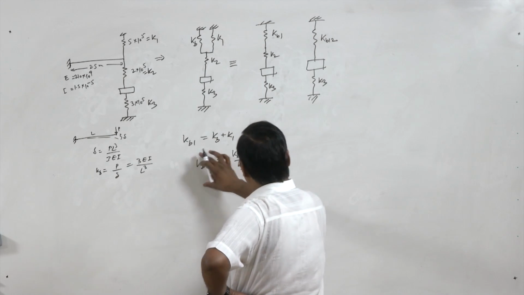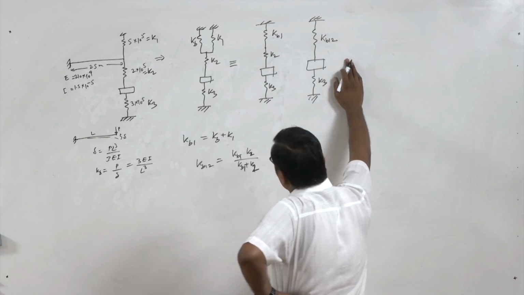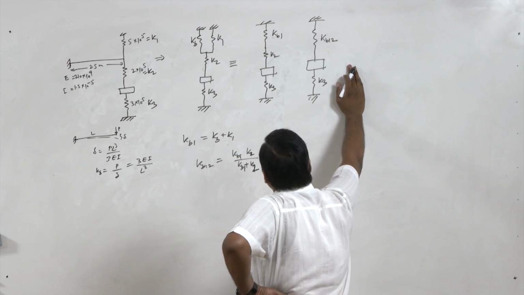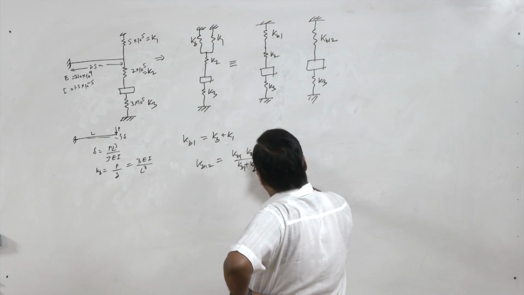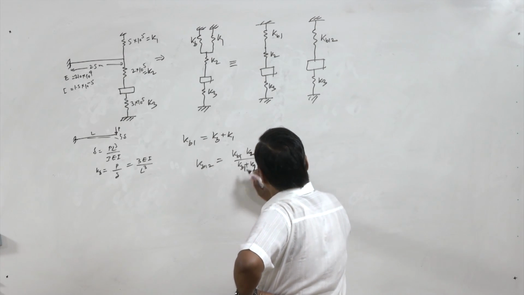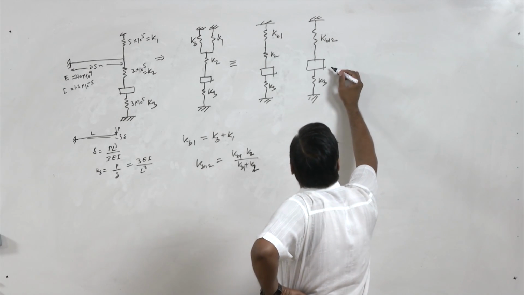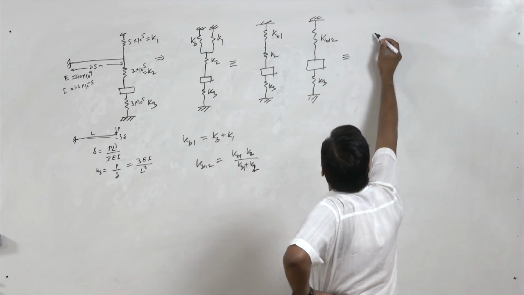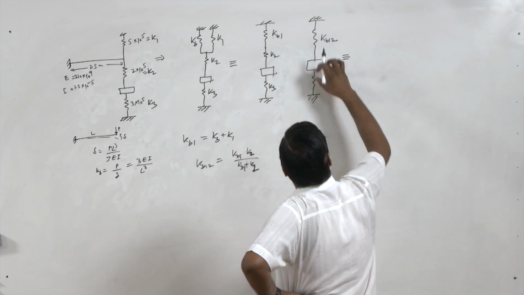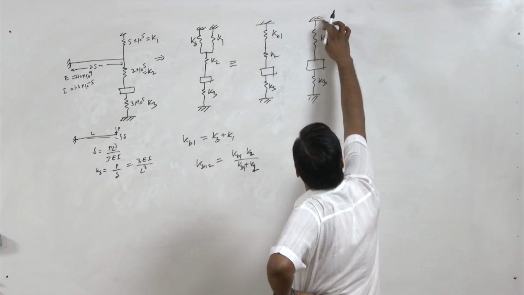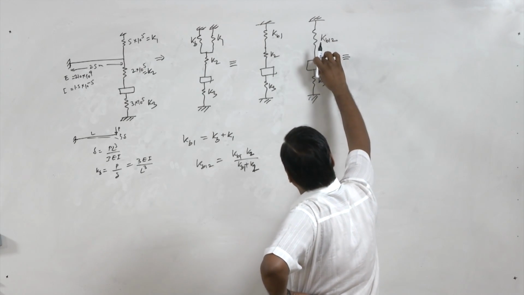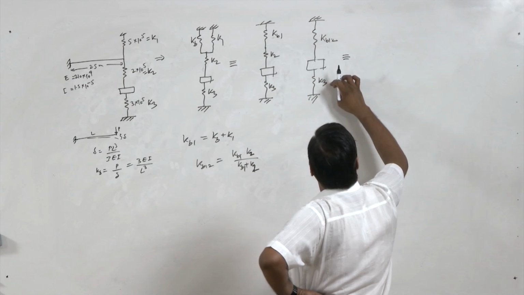So this is the equivalent stiffness. Now again here, these are in parallel because they have the fixed support and the other end is connected to the mass. So these springs are parallel.